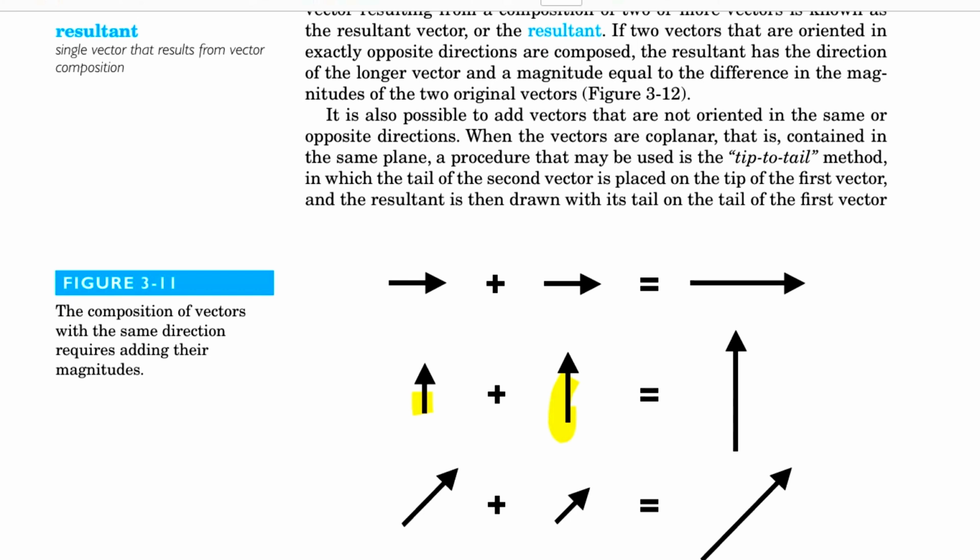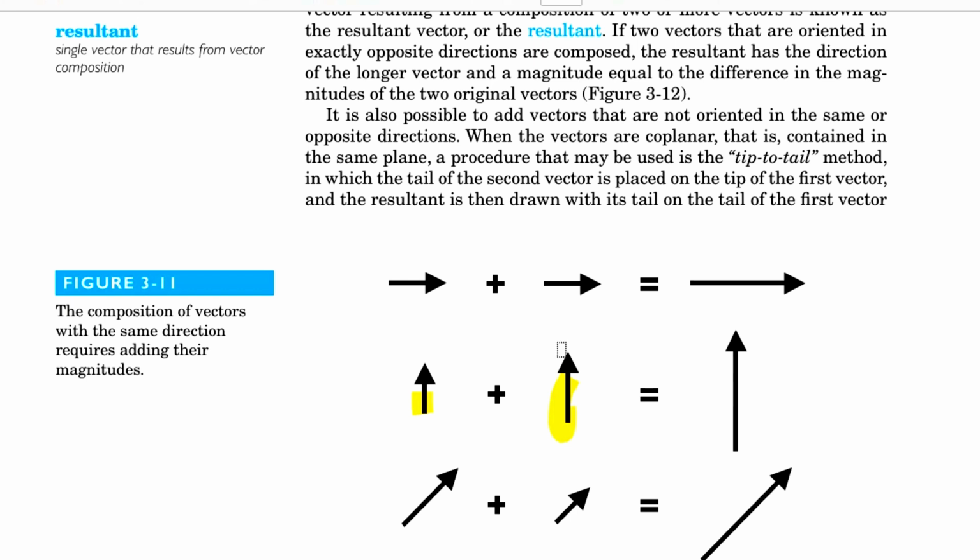When the vectors are in the same direction, we can basically add the magnitudes. Simple as that. If we add the magnitudes, the length of the arrow is going to increase. We combine the lengths and at the end get the result of a bigger arrow, and the direction will remain the same.